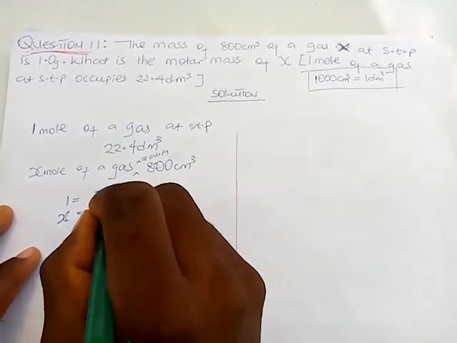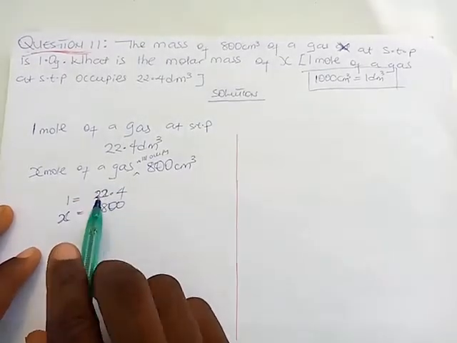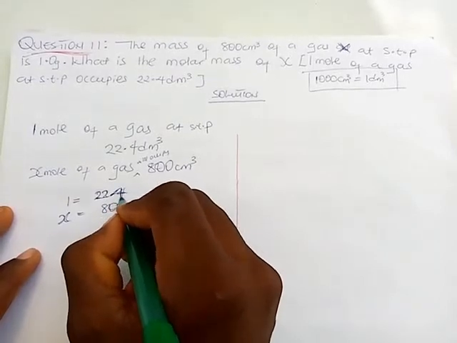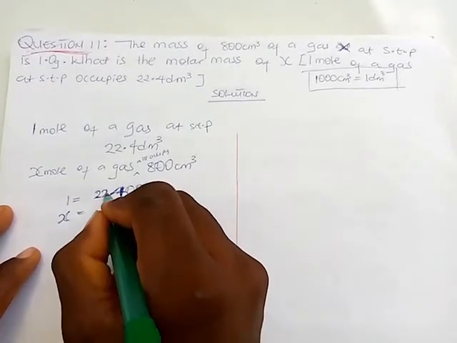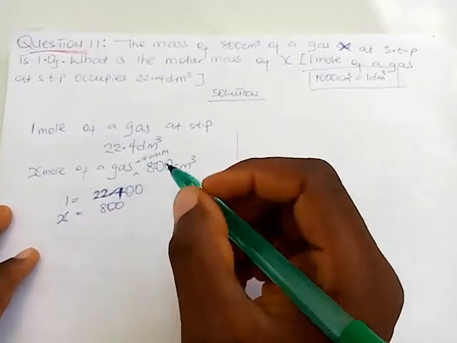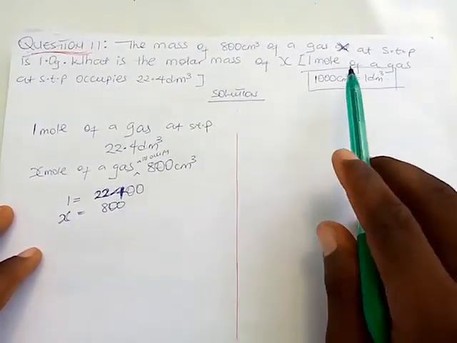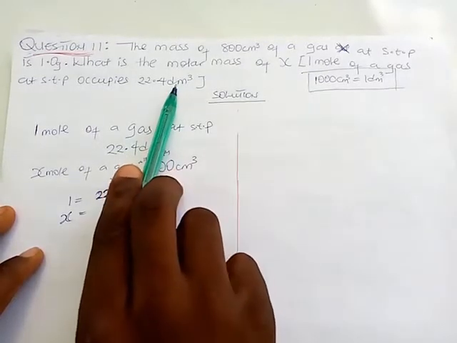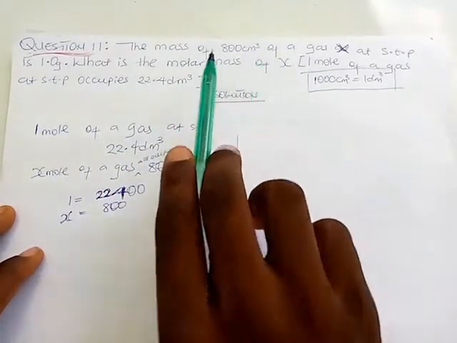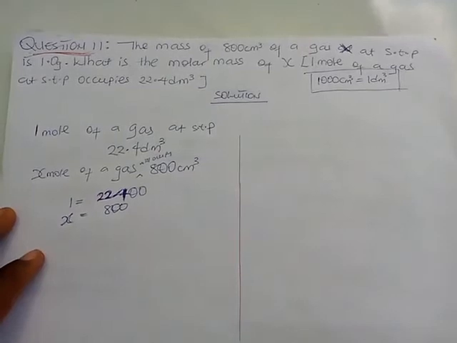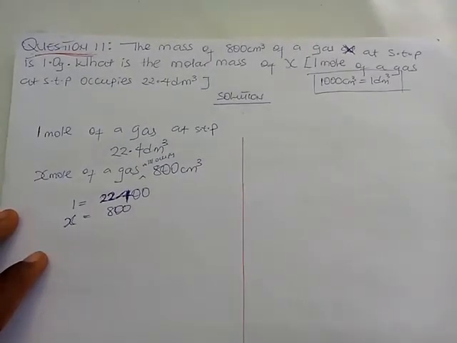We're going to convert this to cm cube. That is why I wrote down this relationship here. Note, when one volume is in dm cube and another in cm cube, it's very important that you keep the units of the volume in one measurement. If you are using dm cube, let every volume you are working with be in dm cube.